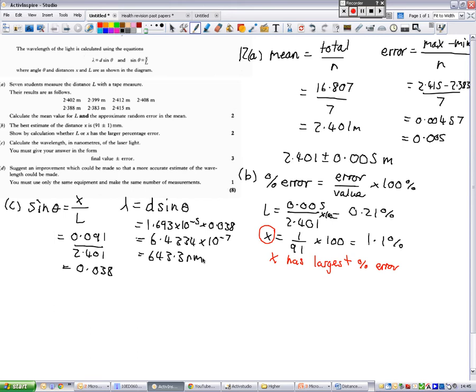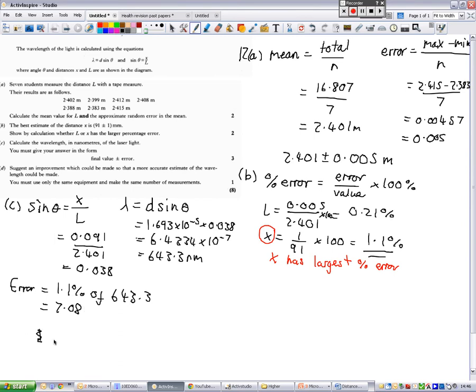The error is 1.1%, because remember you choose the value that has the largest percentage error, which is the value that you calculated over here, that 1.1%. So 1.1% of what your final answer is, 643.3 nanometers, gives you 7.08. So you make a statement now of what your answer is.